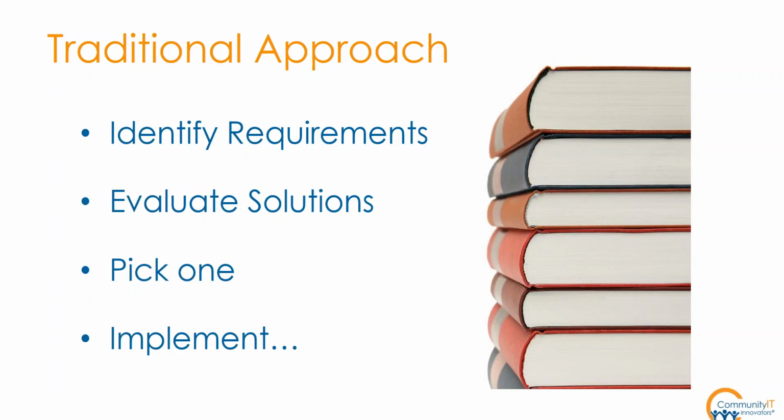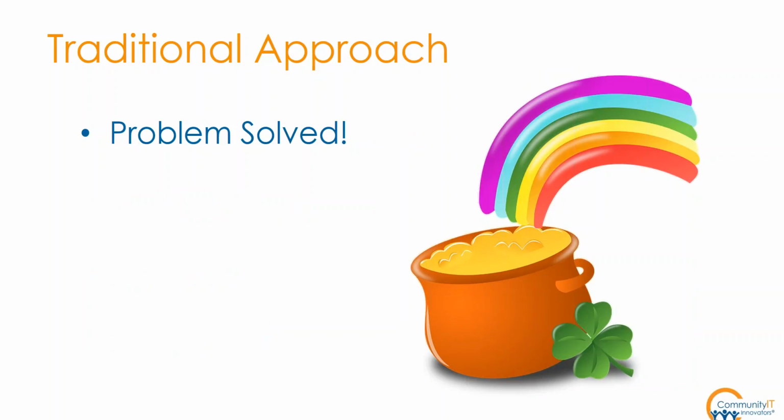Then you evaluate the solutions, and oftentimes you'll list out the solutions and come up with a matrix, and you'll score the different solutions based on how well they meet the requirements you've identified. Then based on that scoring, you pick one of those solutions, you implement it, and boom, you found the gold at the end of the rainbow, and the problem has been solved.